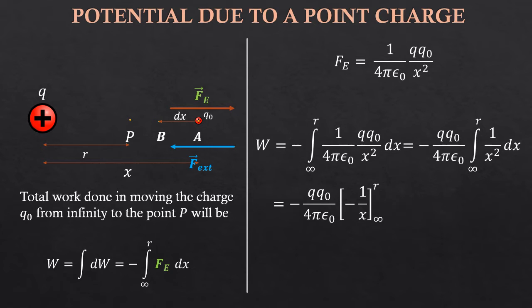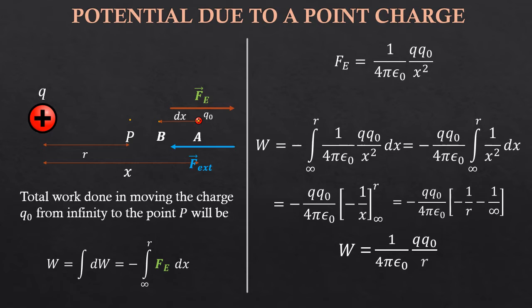R is the upper limit, infinity is the lower limit. Now let's apply the upper limit and then subtract the lower limit value. So we'll get minus Q Q naught divided by 4 pi epsilon naught into minus 1 by R minus minus 1 by infinity. 1 by infinity is 0, so simply we are left with minus 1 by R. Minus and minus becomes plus, so we have the answer W is equal to 1 by 4 pi epsilon naught Q Q naught divided by R.